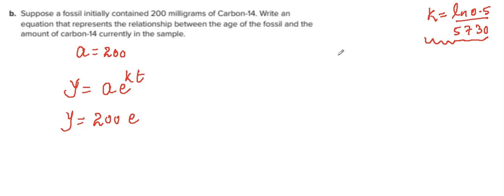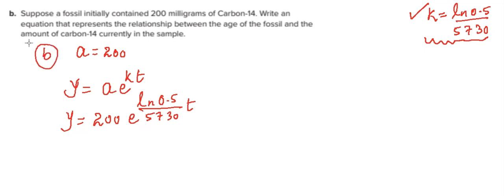Already we have k, no need to calculate this in calculator, leave it as it is. If you want, your choice, ln 0.5 divided by 5730 t. Time is not given, so this is just the equation they are asking. So this is your equation for B part.